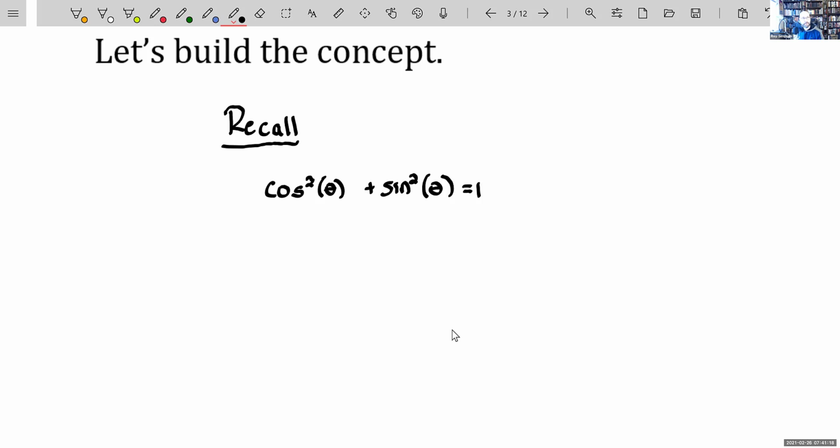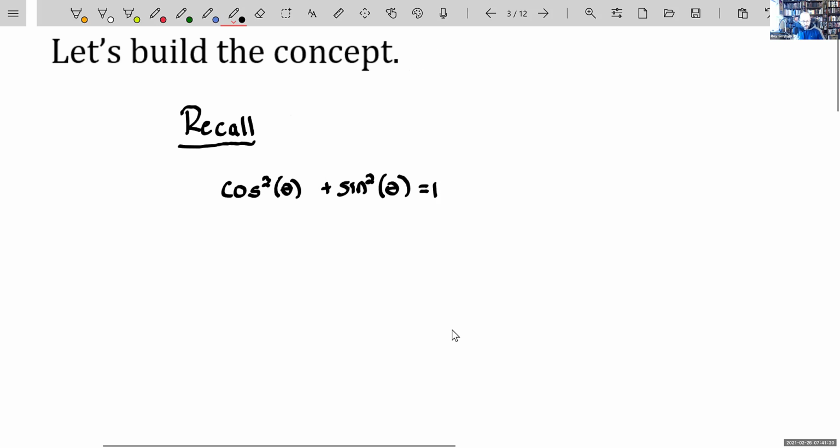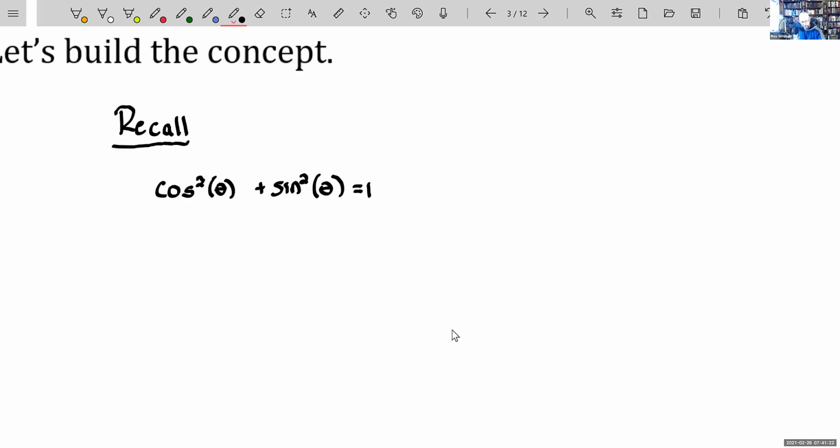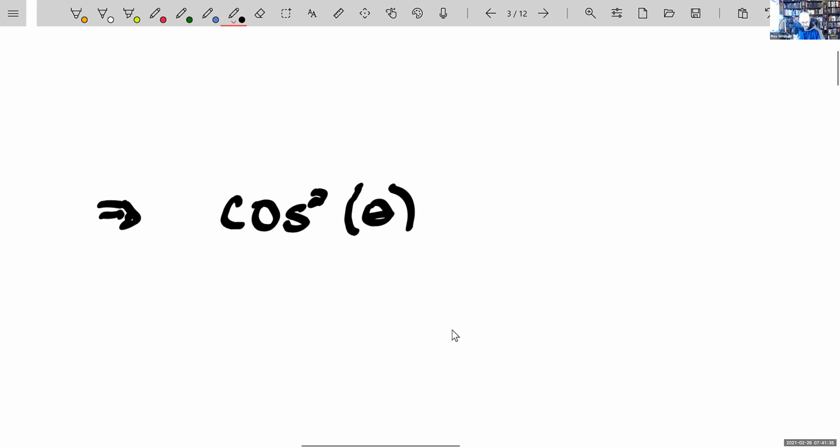Pretty simple statement, right? Well, I'm going to rewrite that and solve for the cosine squared. It's kind of a tradition to do that. So cosine squared is equal to 1 minus the sine squared of theta.